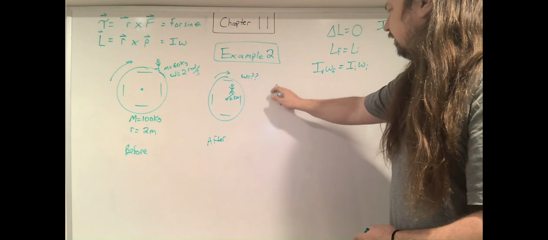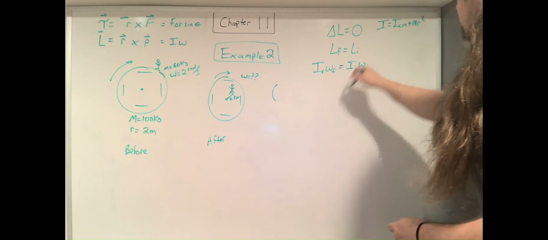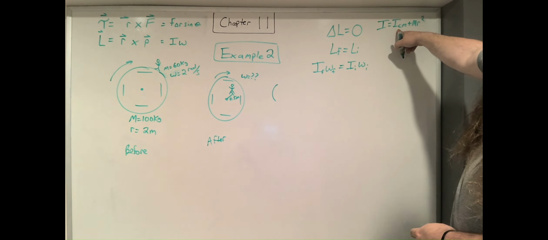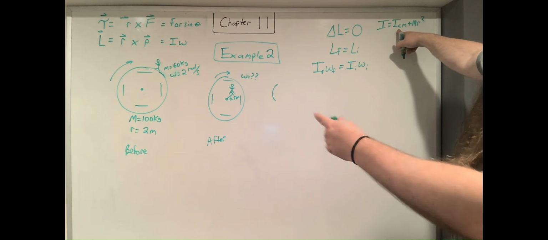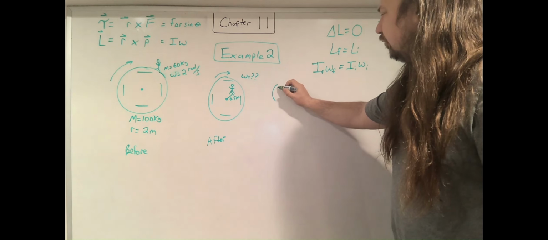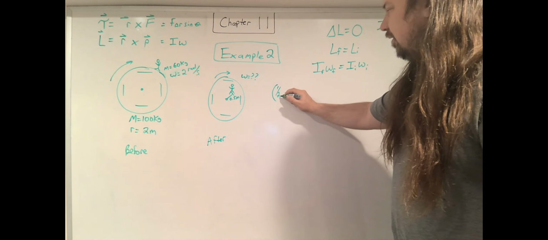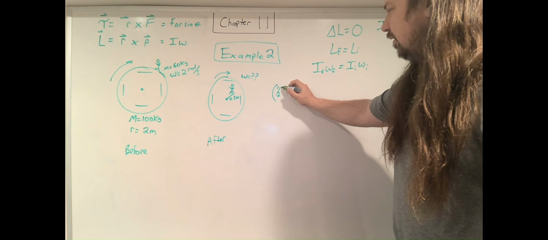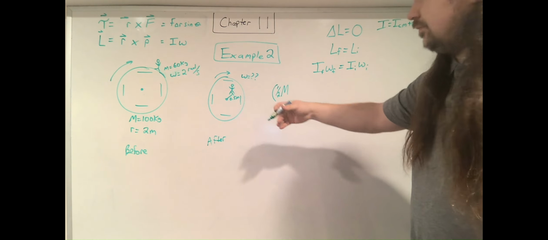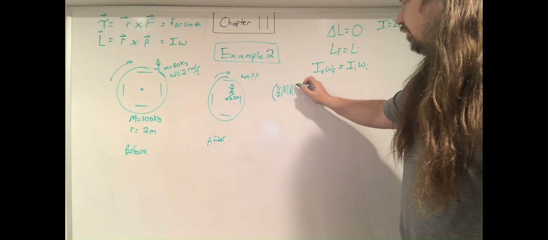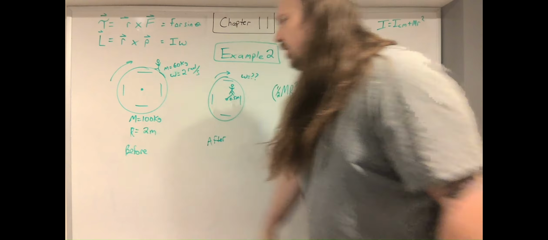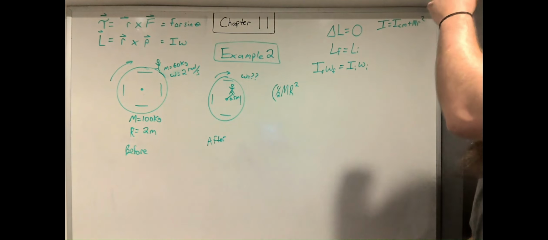I need the moment of inertia of the merry-go-round, which is a disk, and which isn't given in the problem, but if I ever gave you this on an exam, I would give it to you as 1/2 MR squared. I'm going to use capital M because it's the big wheel, and capital R since we have multiple R's going on.